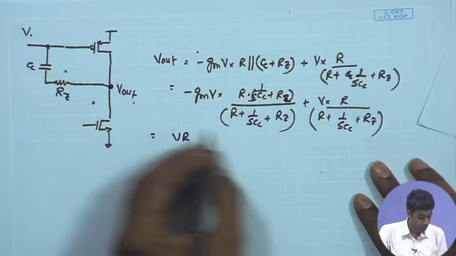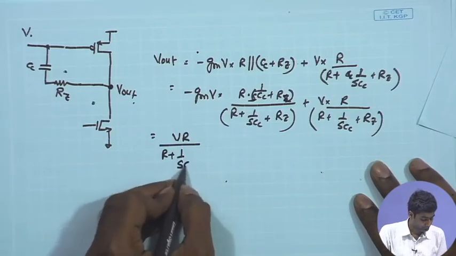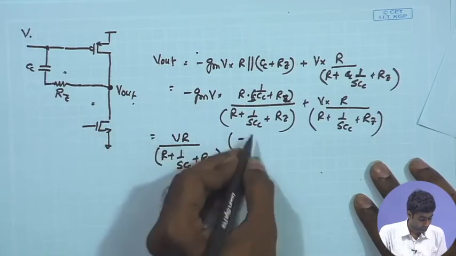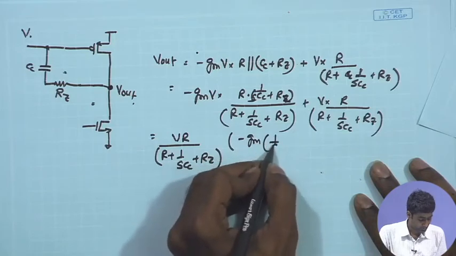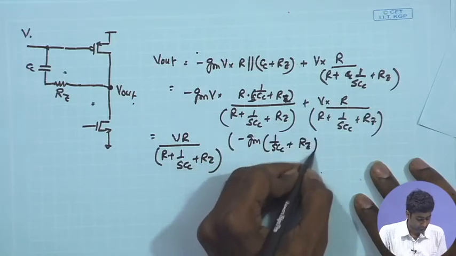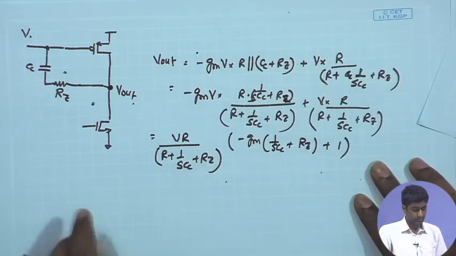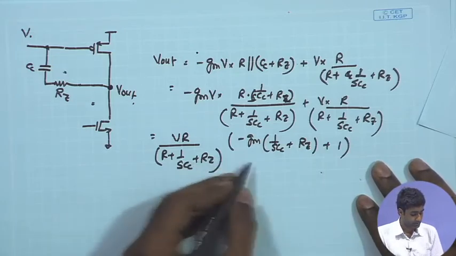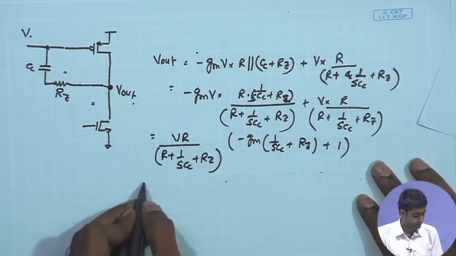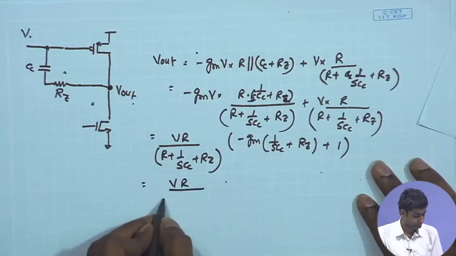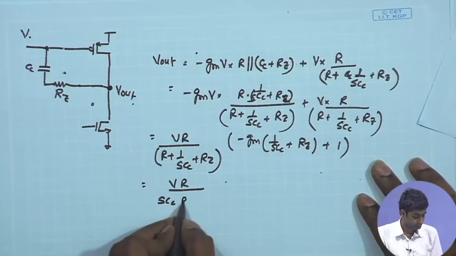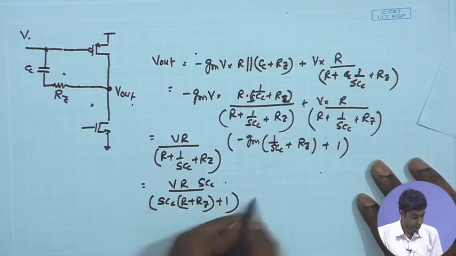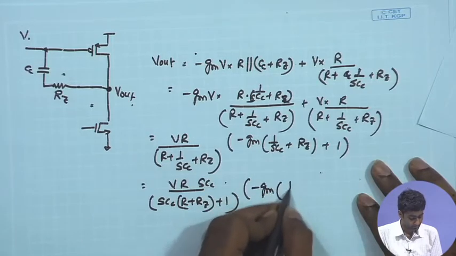So, V, R and R, and you have GM times 1 upon SCc plus Rz plus 1 coming over here. So, this is the overall expression we can see, and once again I can simplify it a little bit further, and you have the other term as it is coming over here.